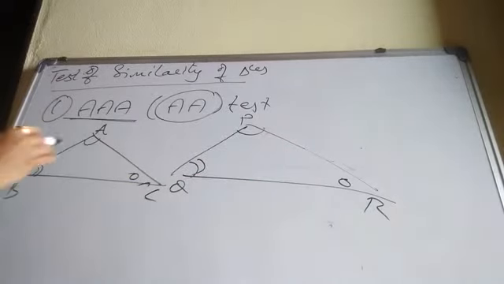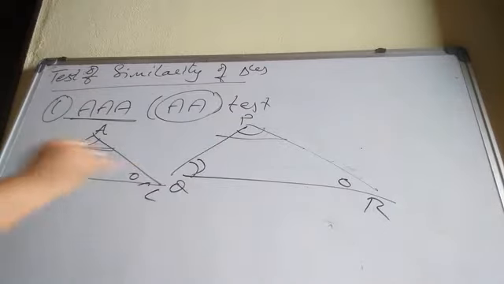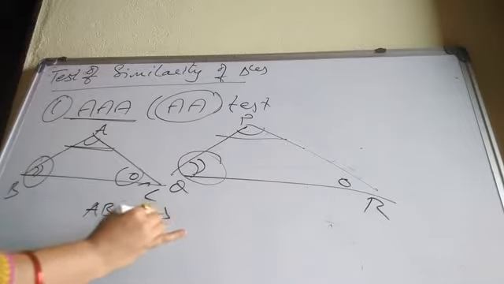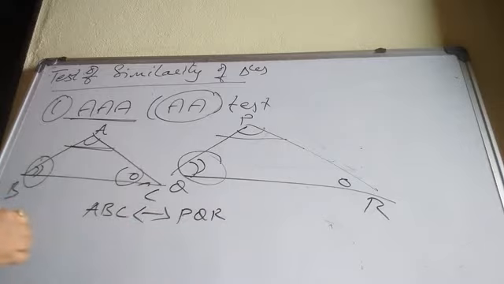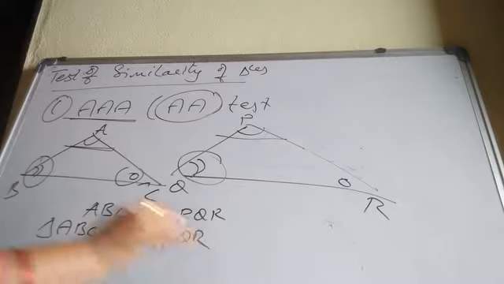So here, see here, angle symbol only one. Here two, and here circle symbol. First we will write in correspondence: ABC corresponds to PQR. When you are writing the vertices of the triangle, it should be in order, in sequence. Now we will see triangle ABC and triangle PQR.